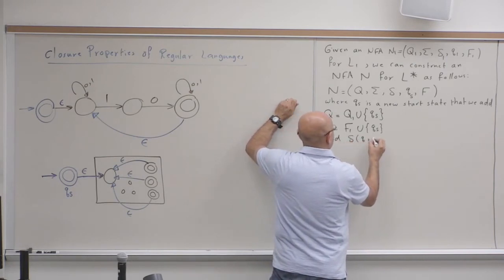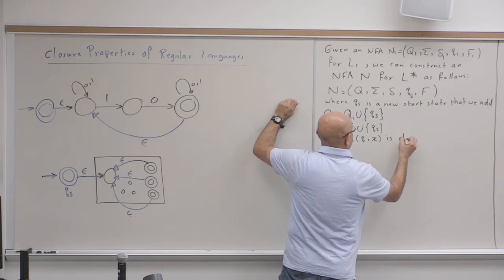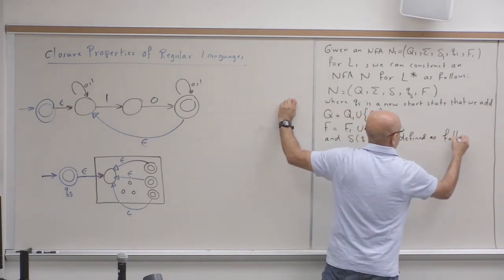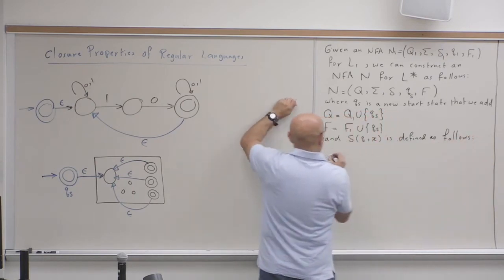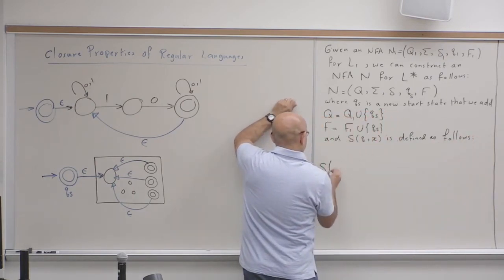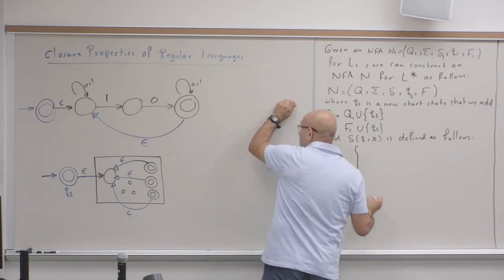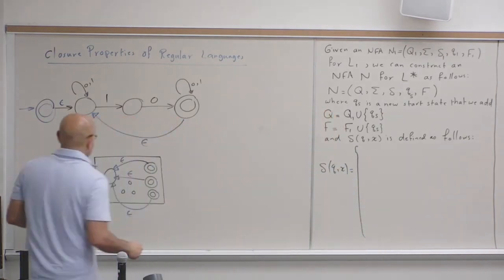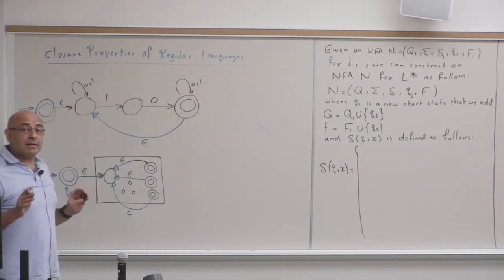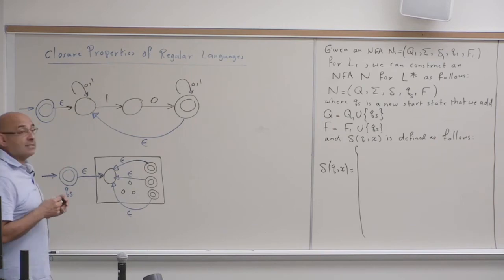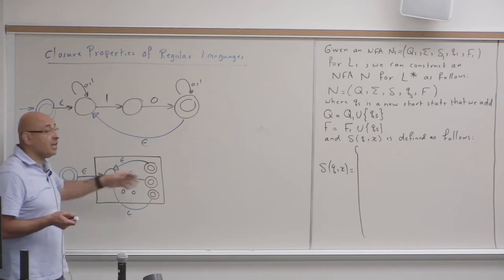And delta of Q and X is defined as follows. Okay, delta of Q and X equals. Now, for which states will delta remain the same? The transition will remain the same for what set of states? For which states did we make a change?